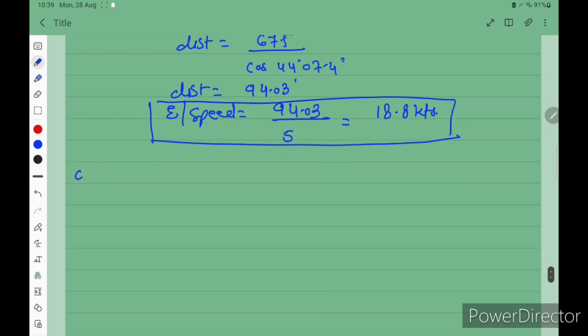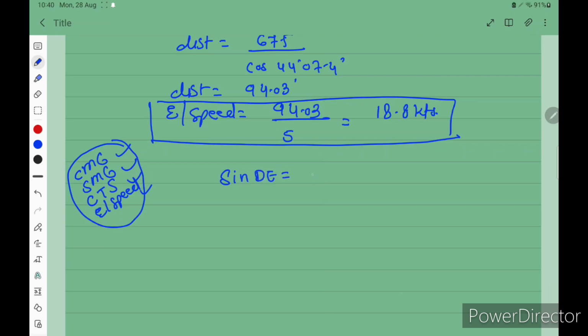Now we have the course made good, speed made good, CTS and engine speed. All four we calculated already. Now put the value in the formula. Damping error is equal to K tan latitude. The K value is given as 1 by 40. Already we discussed when I was explaining the formula, when two latitudes are given we have to put the mean latitude.